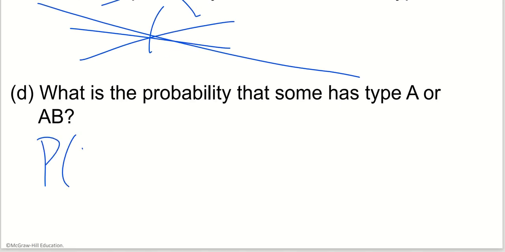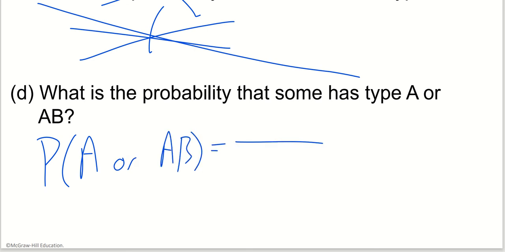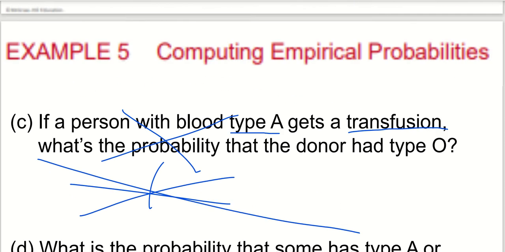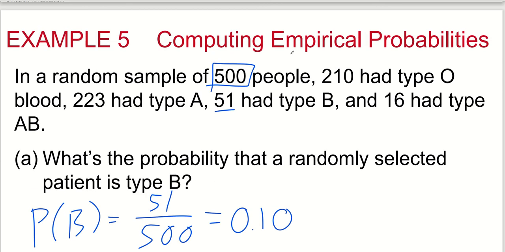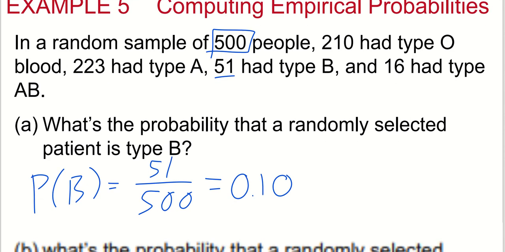What is the probability that somebody had either type A or type AB blood? We know that there are 500 people altogether, and so we just need to know how many people had A or AB. There were 223 that had type A, and there were 16 people that had type AB blood.